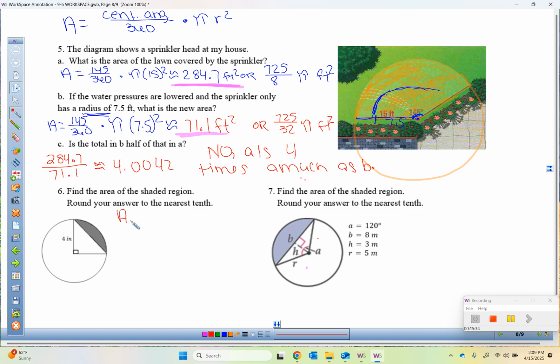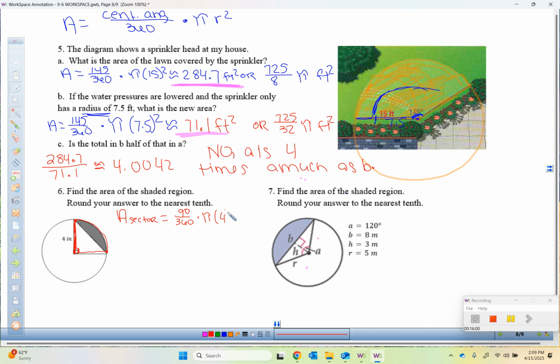So we're going to find the area of the sector by using our formula that we learned. Okay, so we want this sector, remember it's the piece of pizza. And what is our central angle here? 90, good, over 360 times pi. And what is our radius? 4, yeah, you're good.